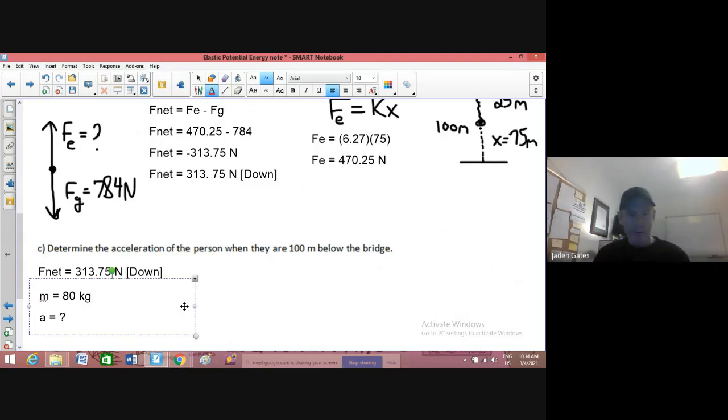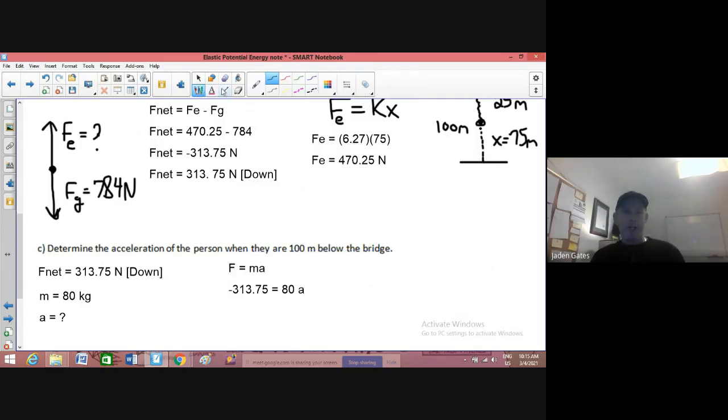And lo and behold, we're just coming off our forces unit here. Well, we have Newton's second law, F equals ma. All right, and so I'm going to take into account my direction right off the bat with my force. So I'll put negative 313.75, because again, negative, it's down. Our mass is 80, and I'm trying to find my acceleration. So I'm going to divide both sides by 80.